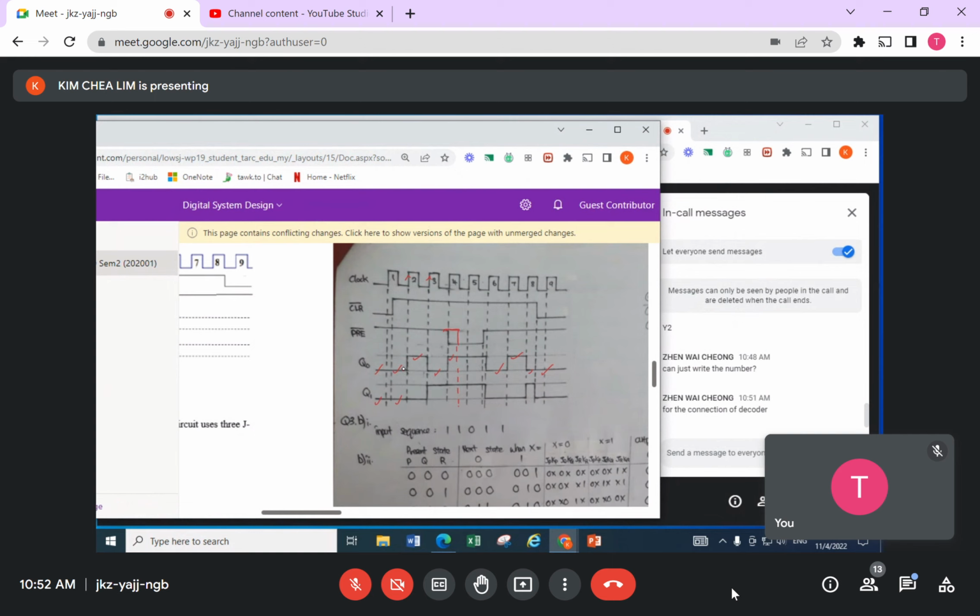It's actually a 0, so I remain unchanged for the T flip-flop. The clock pulse comes, I see a 1, so I toggle. Fourth, I see a 0 again, so remain, until here.